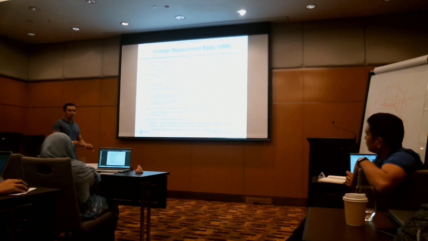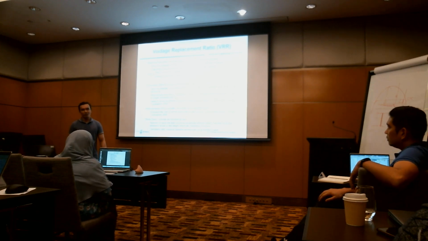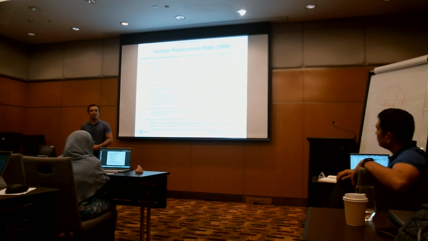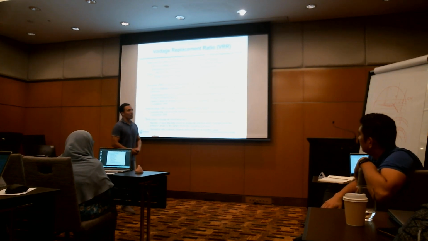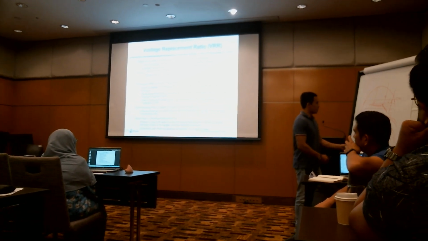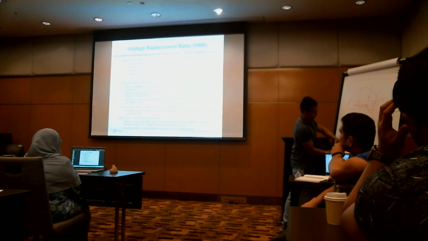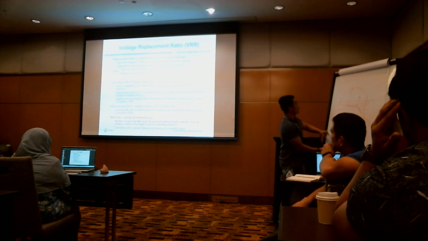But what if you have instantaneous VRR equal to 1 only, not cumulative? What do you expect? Okay, maybe I give a scenario, right? What do you expect the pressure plot will be?